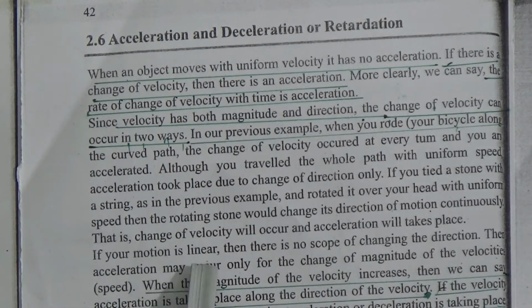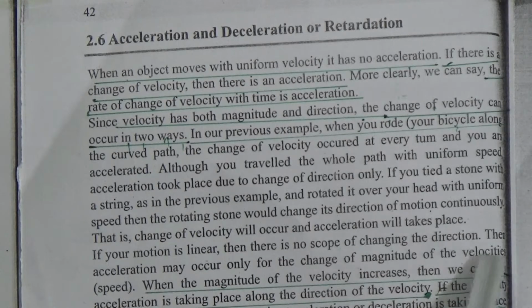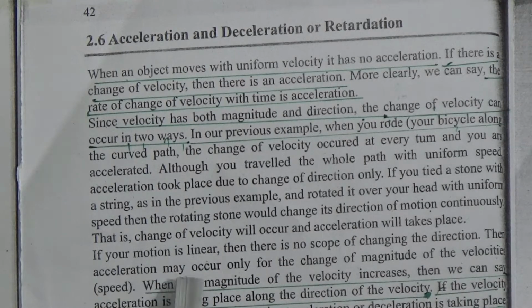If your motion is linear, then there is no scope of changing the direction. Then acceleration may occur only for the change of magnitude of the velocity or speed. Important line here: when the magnitude of the velocity increases, then we can say acceleration is taking place along the direction of the velocity.